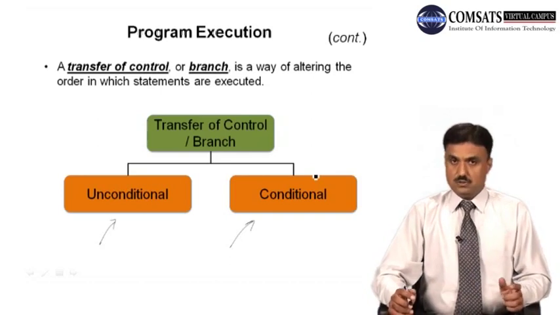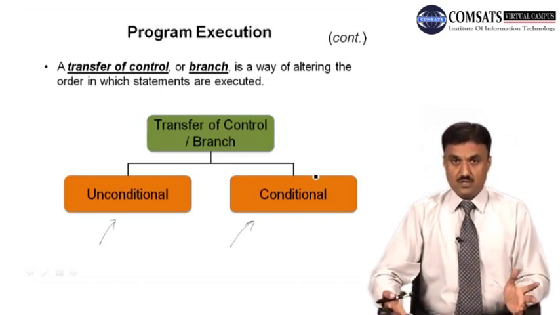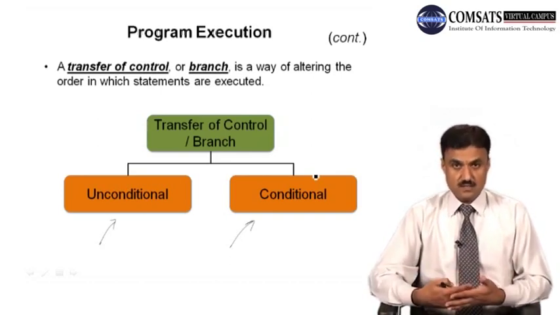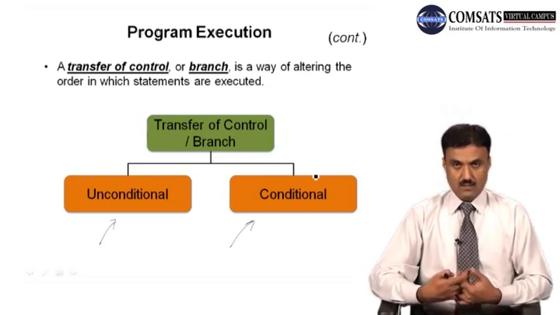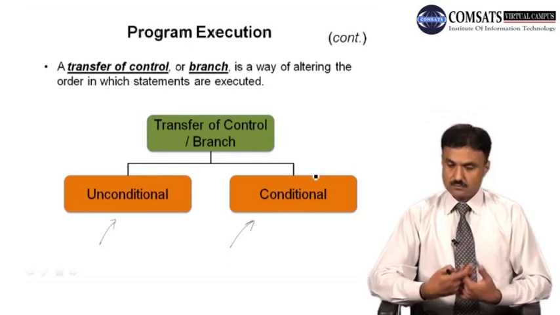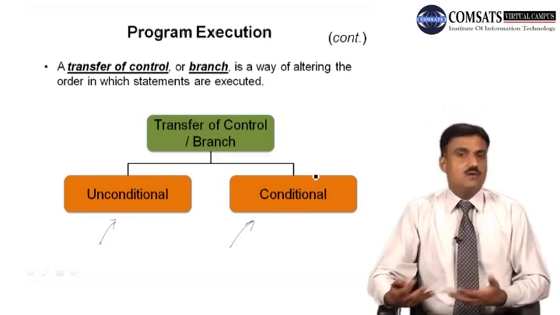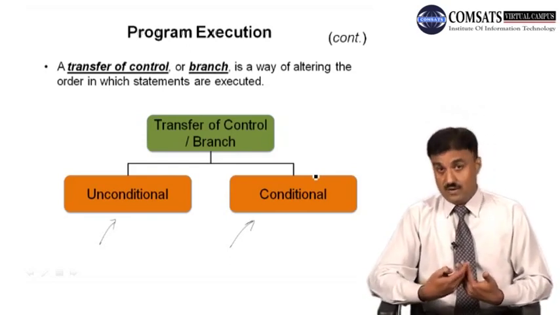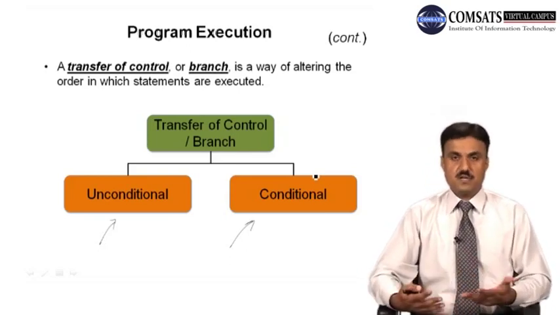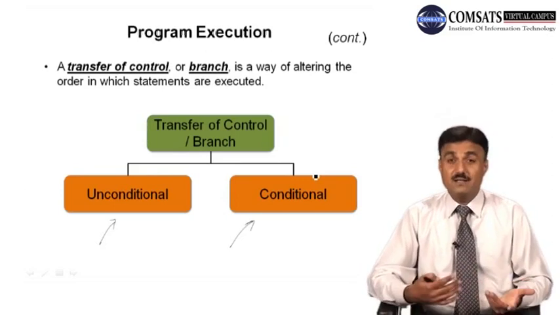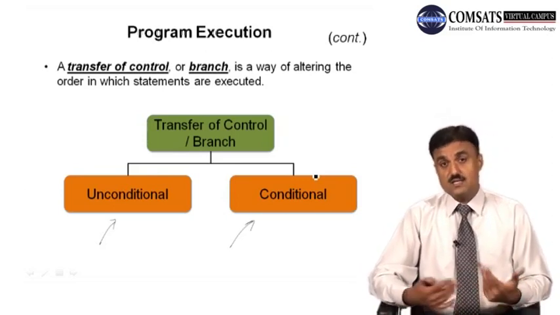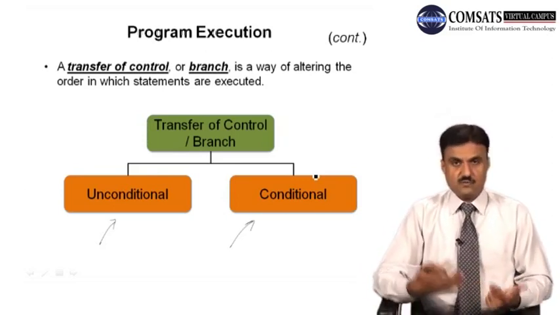After comparing two values, or after getting the result of the operation, like the sign flag and carry flag and the other flags, we say if the value is less than 0, or if the value is 0, then transfer control. If it is greater than 0, or greater than or equal to 0, less than or equal to 0, then transfer control.